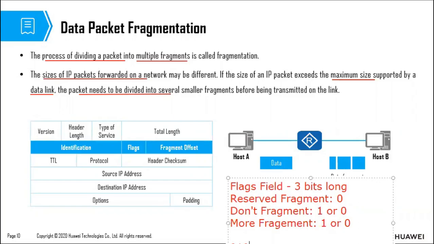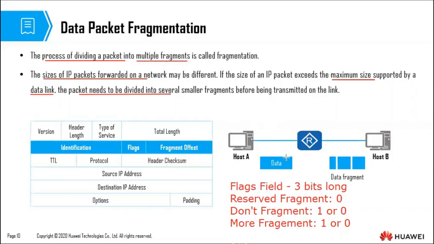What does a 1 mean here? It means don't fragment. What does a 0 mean for this one? It means this is the last fragment. Are we together? So that is how the flags field is used.